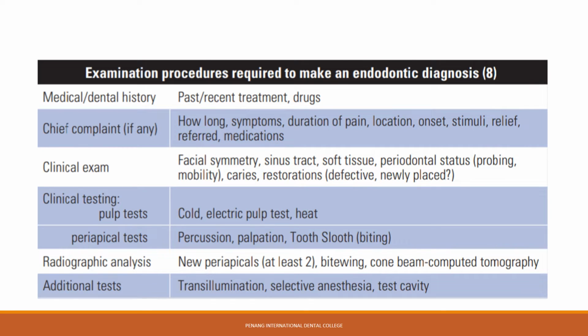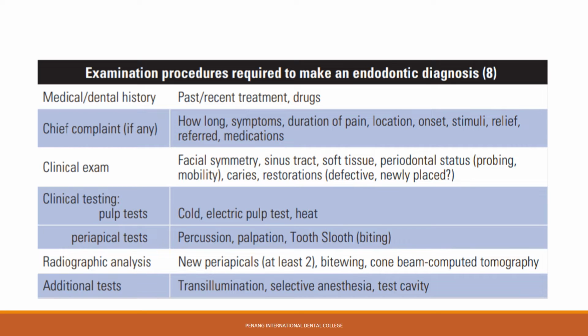Followed by history taking comes the clinical examination. Clinical examination should note the facial symmetry, examine all the hard tissues, and note if there is any sinus tract present, soft tissue examination, periodontal status, and in hard tissue it should include caries and restorations, both newly placed as well as defective.